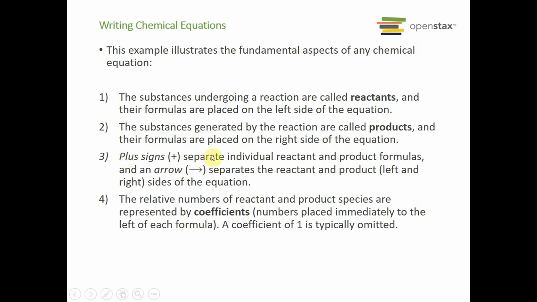A plus sign separates individual reactant and product formulas, and an arrow separates the reactants and products, the left and right sides of the equation. The relative numbers of reactant and product species are represented by coefficients.